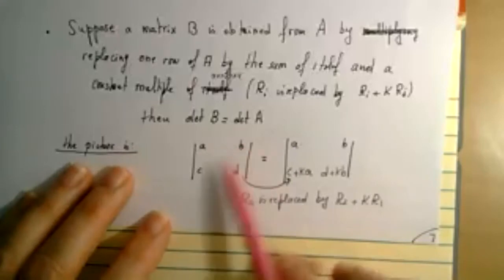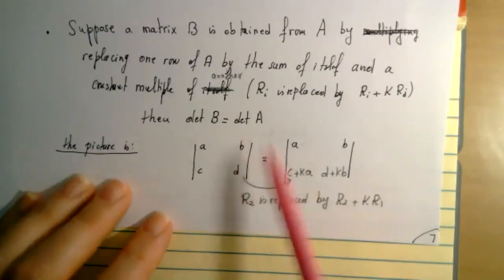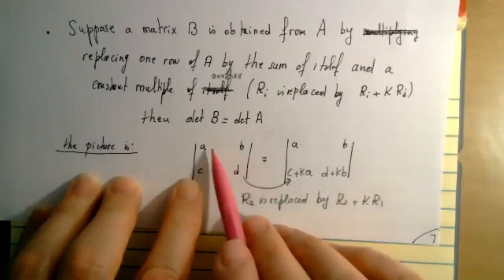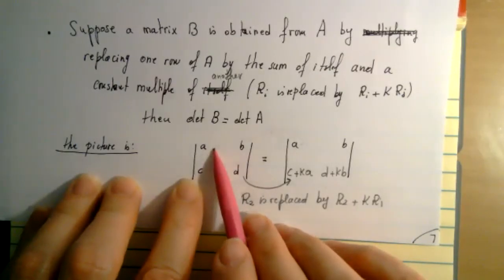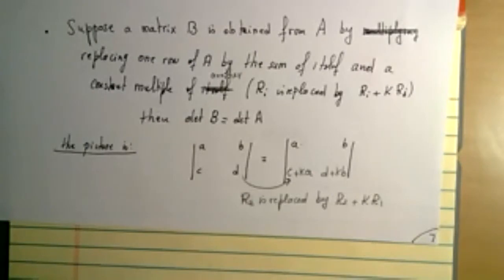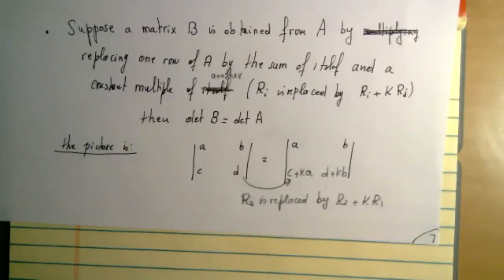It means you have any matrix A and you replace the second row, for example, by the sum of itself plus a constant multiple. Then you don't change the value of your determinant. So this is how the row operation affects the determinant of this matrix.